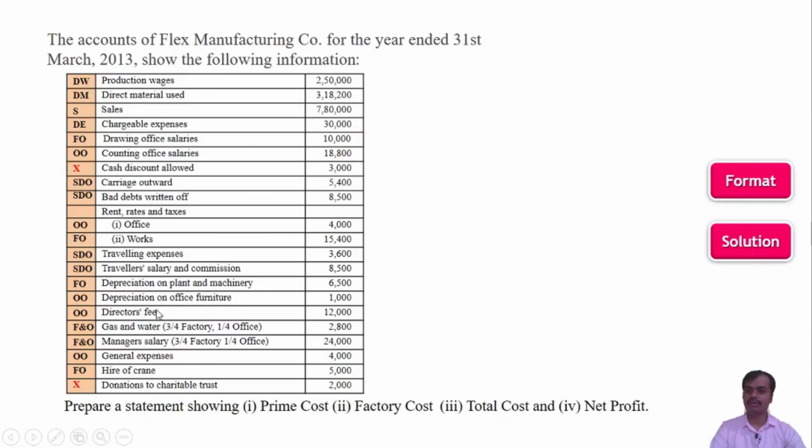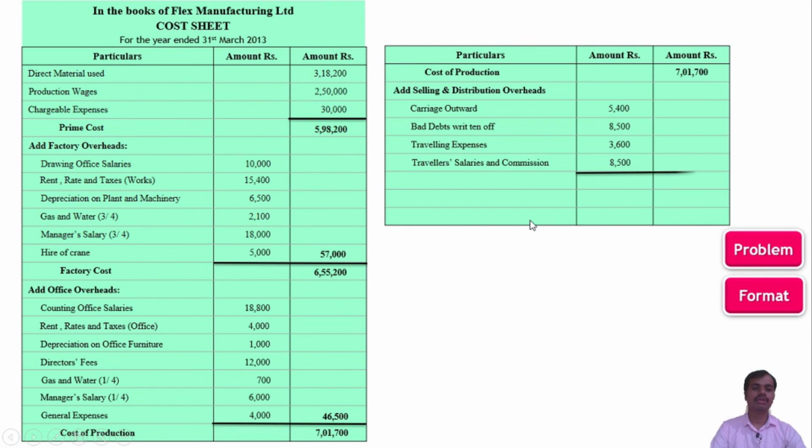I think there is no more item of selling and distribution overheads. Here all the items are finished. Now we will total all the selling and distribution overheads, which will be 26,000. This 26,000 we will add in cost of production, means in 7,01,700. Then we will get the total cost.